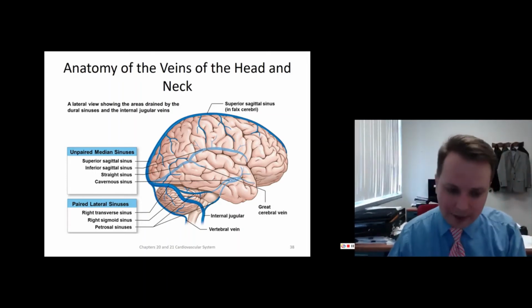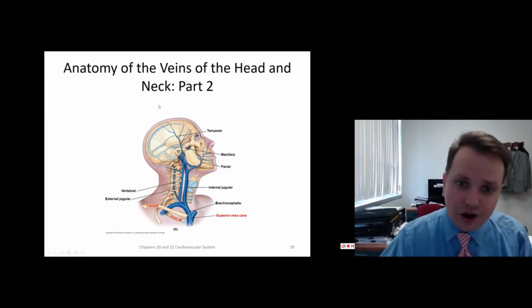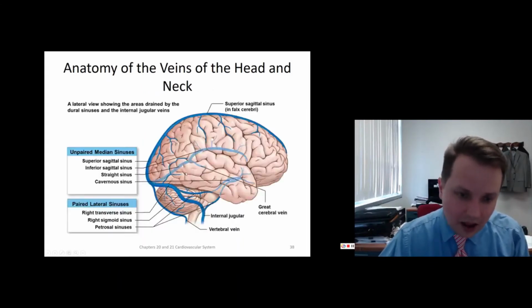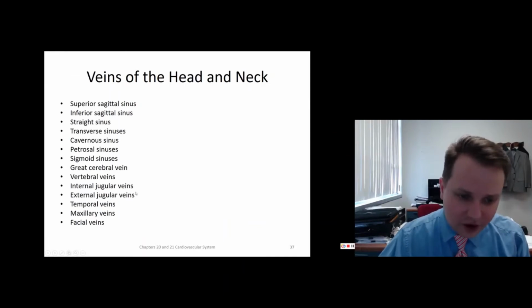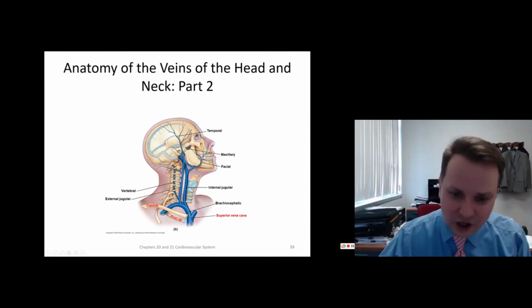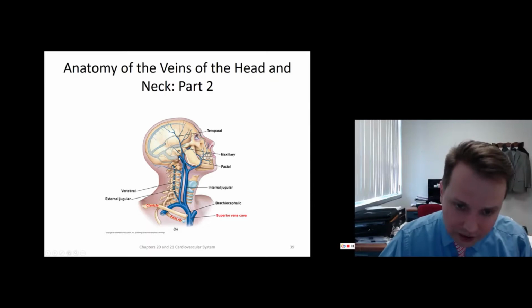So anyway, what I want to show you guys now is our other vessels. We're going to start with the external jugular veins, temporal, maxillary, and facial veins. So you will see the external jugular here. The internal jugular is coming from the brain downwards.